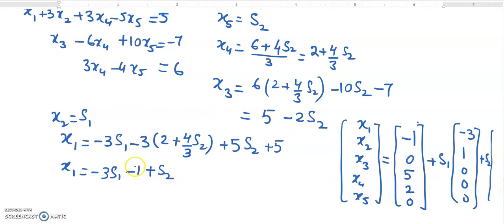For s2, it will be 1, and then for x2 it was 0, for x3 it was minus 2, for x4 it was 4 by 3, and for x5 it was 1. Then the bracket closes, but I don't have the space for that over here. So in this way we can represent this solution in the vector format.